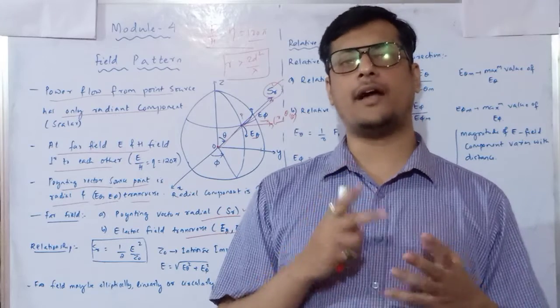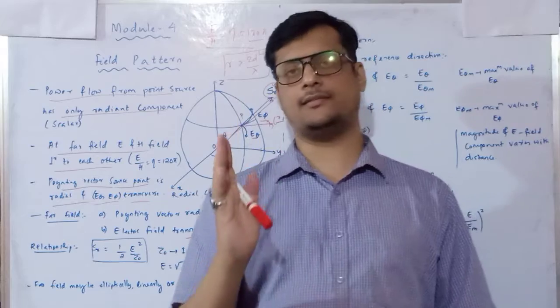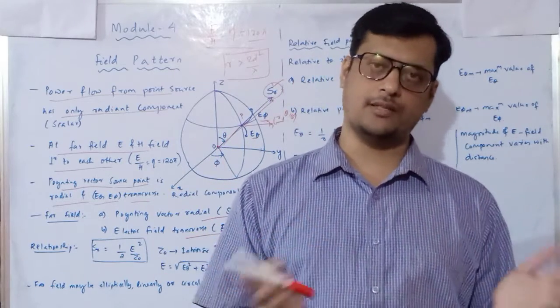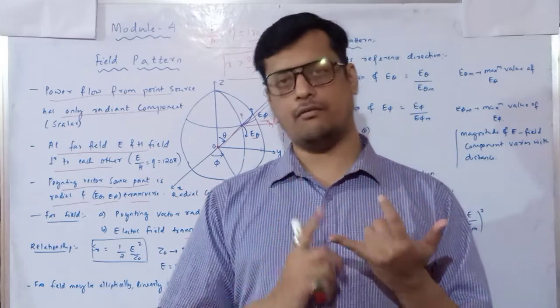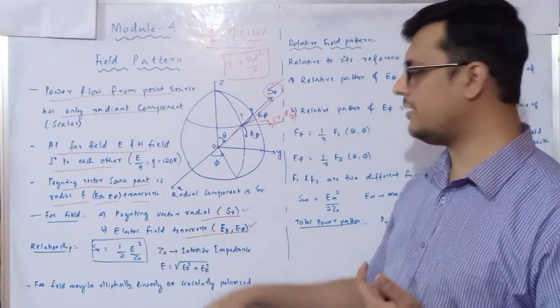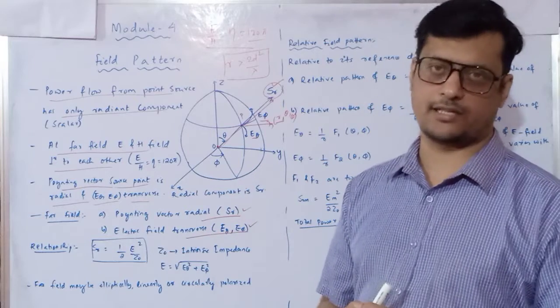If I identify the fields as radially outward, that means they are electric fields. The electric field will have three components, one along r, one along theta, one along phi. Along the r direction we have represented the Poynting vector, and along theta and phi we have represented the electric field, transverse in nature.